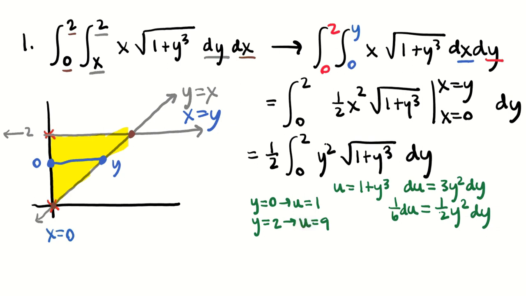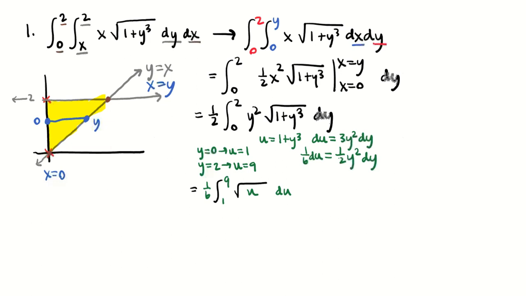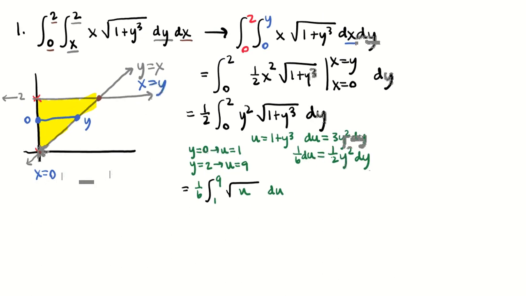Okay, so now, in dealing with the 1/2 and the y squared, that's become the integral from u equals 1 to u equals 9 of the square root of u, and 1/2 y squared dy is 1/6 of du. So I'll put the 1/6 here and the du over there. Looks like I'm going to need a little more room here. Shrink it down a little bit and say, all right, ready to go.